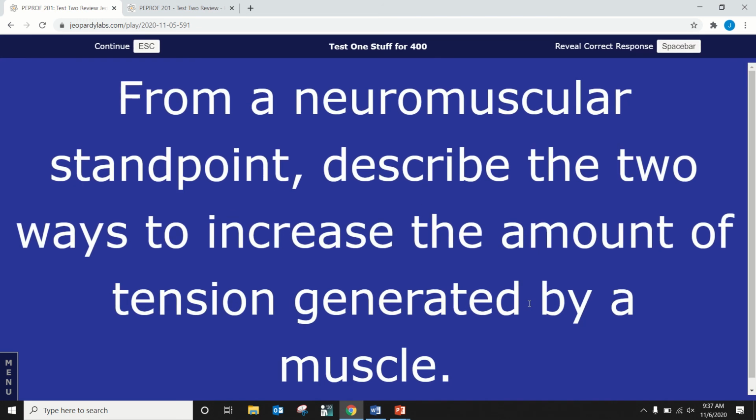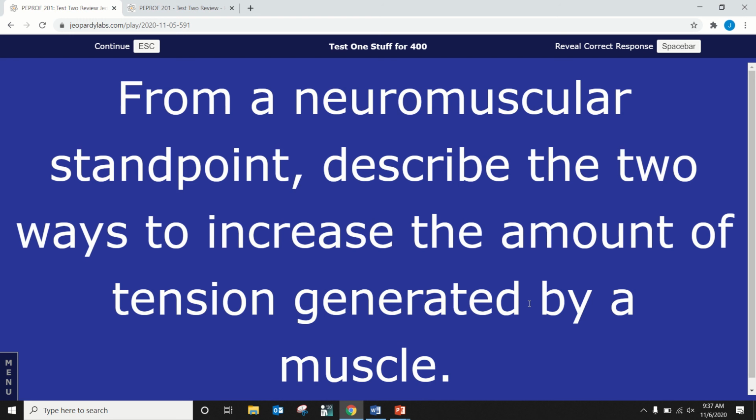And then 4. All right, so from a neuromuscular standpoint, describe 2 ways to increase the amount of tension generated by a muscle. So the 2 broad ways to do this are motor unit recruitment and rate coding.